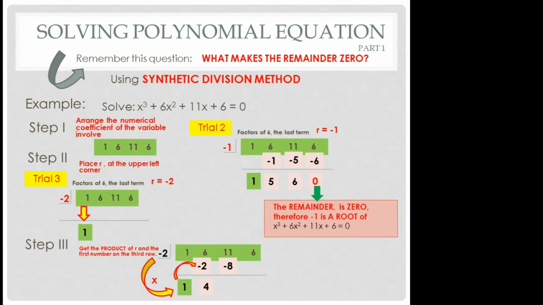Times negative 2 will give us negative 8. 11 combined with negative 8 is 3. 3 times r, which is negative 2, is negative 6. Combine 6 and negative 6, the answer is 0, meaning the remainder is 0. Since the remainder is 0, therefore negative 2 is a root of x cubed plus 6x squared plus 11x plus 6 equals 0.